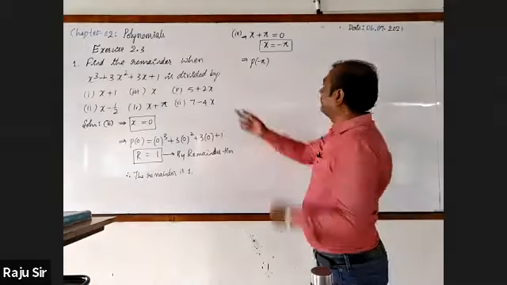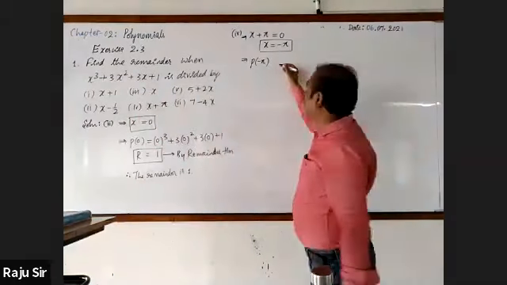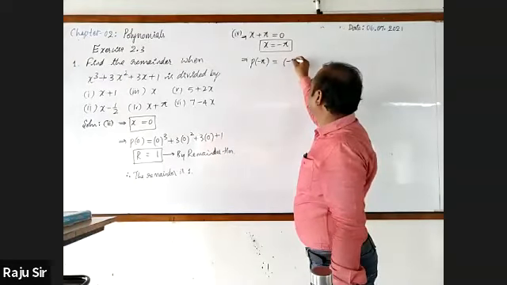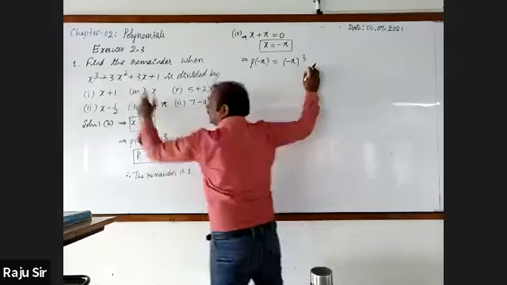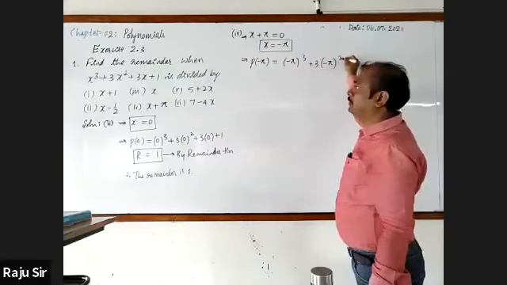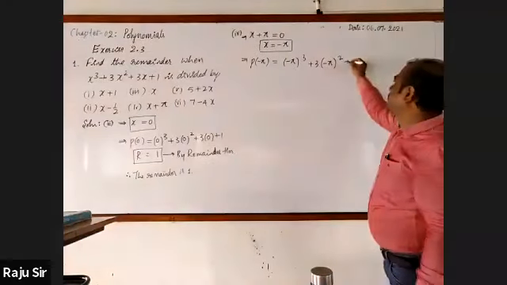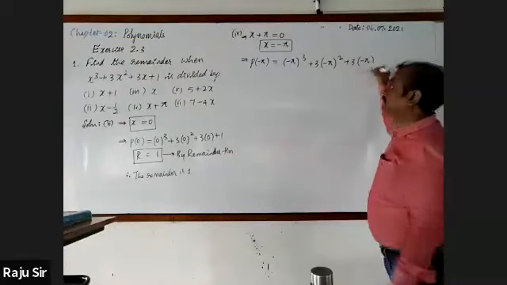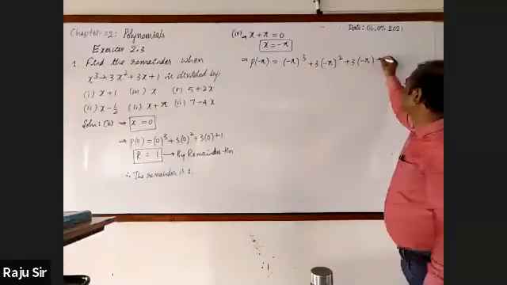Yes. P of minus pi is minus pi whole cube and plus 3x square is there here, plus 3 into minus pi whole square plus 3x. So plus 3 into minus pi, then plus 1 as it is.